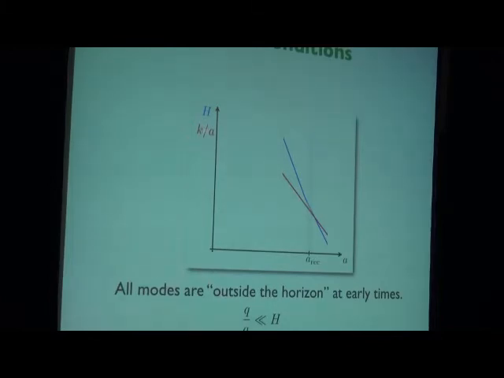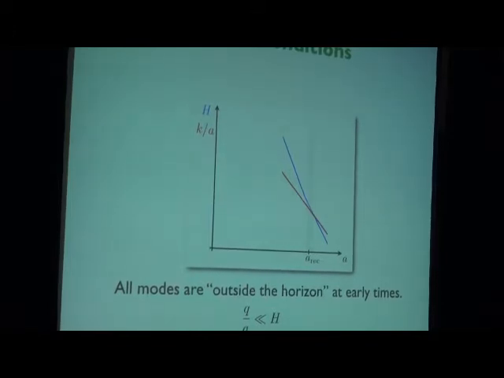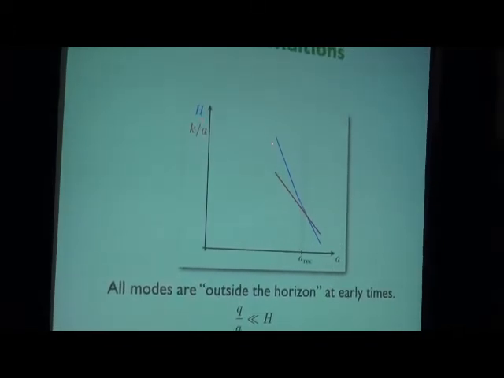If you compare the Hubble rate to the momentum, you see the a dependence of H. So H goes like 1 over t, both in the radiation-dominated era and the matter-dominated era. In the radiation-dominated era, a goes like t to the 1/2, so H goes like 1 over a squared. In the matter-dominated era, H goes like 1 over a to the 3/2, but it redshifts slower than the momentum in both the radiation-dominated era and the matter-dominated era.